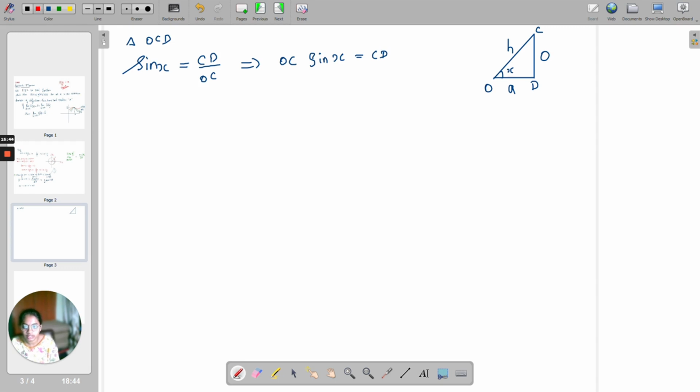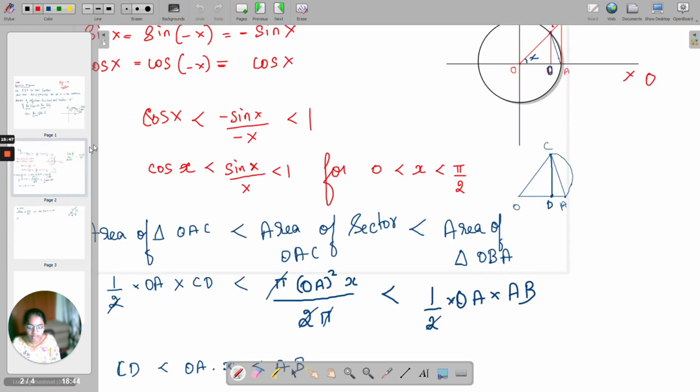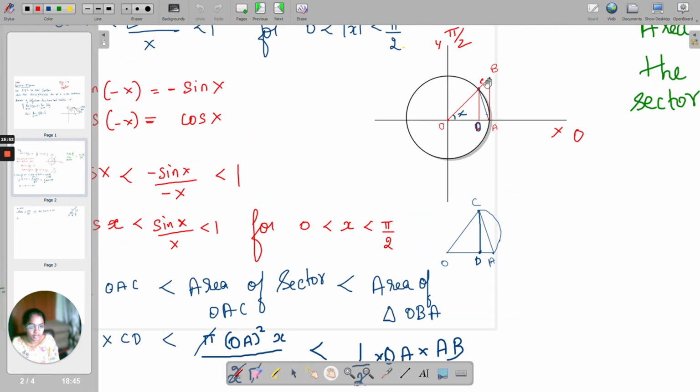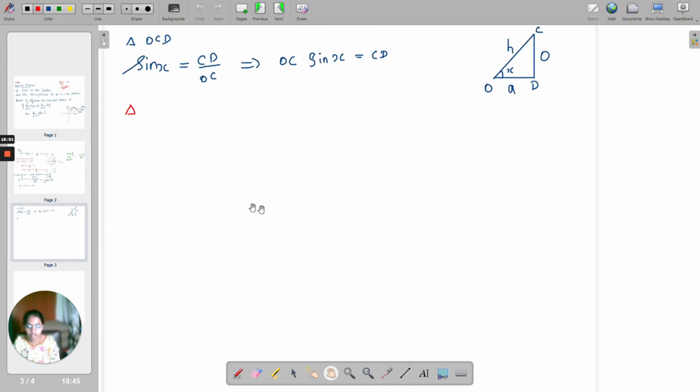Now let me take the triangle, again the right angled triangle OAB. You see OAB. So at A we took a tangent, right? So let me find out tan x. Let me draw that OAB: O, A and B, and the angle is at O, right? Now what is the formula for tan x?